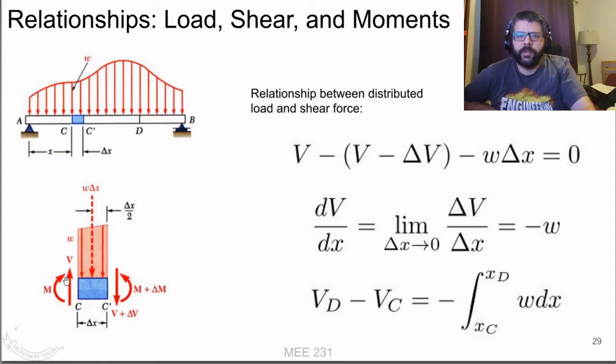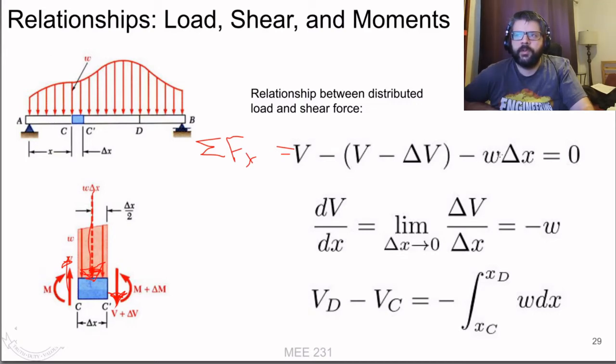So if we take our free body diagram and do the sum of the forces in the y direction, I'll just write that out. The sum of forces in Y is equal to, so we've got our V here, and then we've got this minus V plus delta V, and then we have the force downward here from that distributed load.